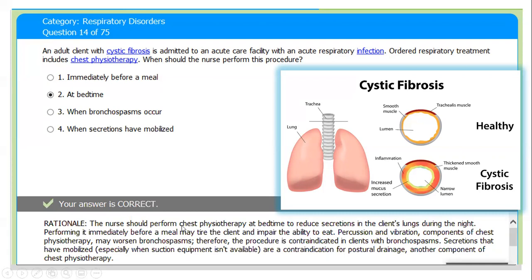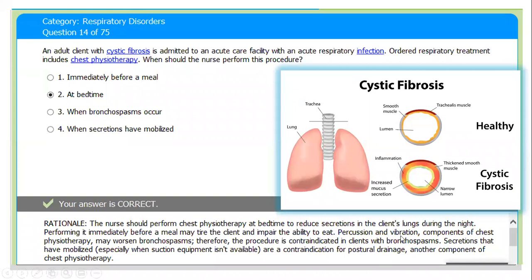So the nurse should perform chest physiotherapy at bedtime to reduce secretions in the client's lungs during the night. Performing it immediately before a meal may tire the client and impair the ability to eat. The patient feels fatigued or tired.